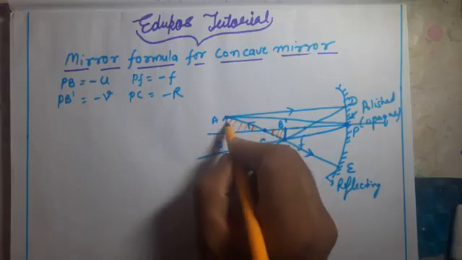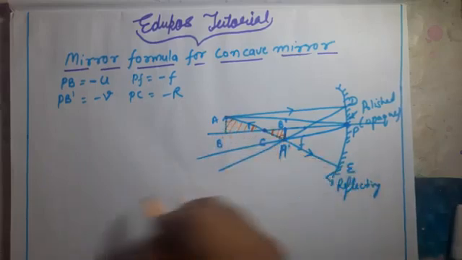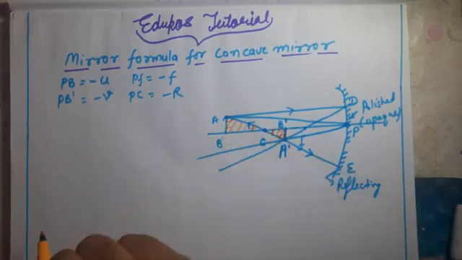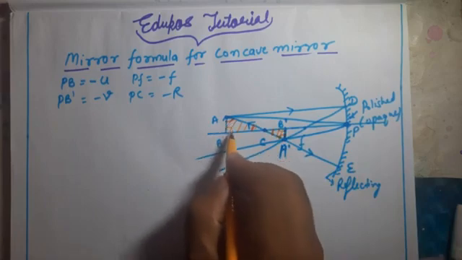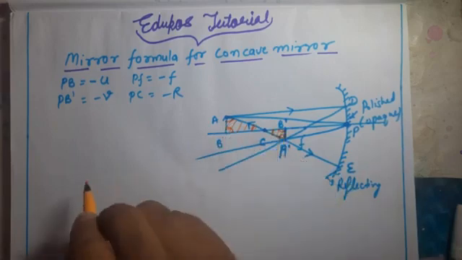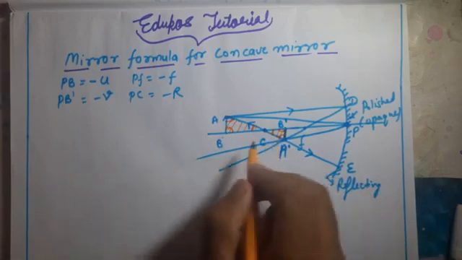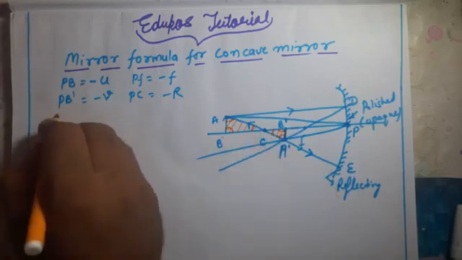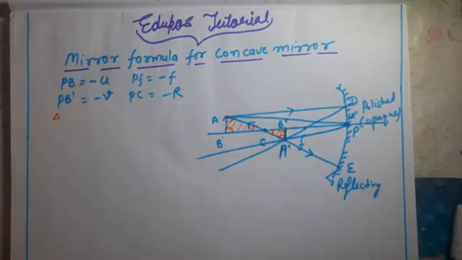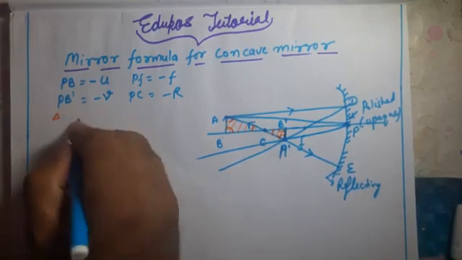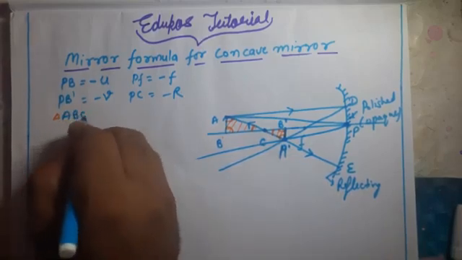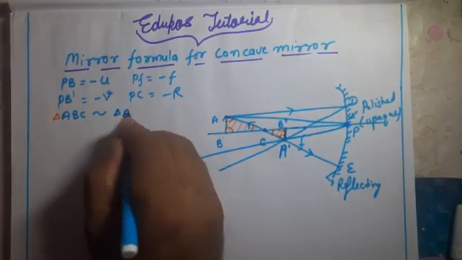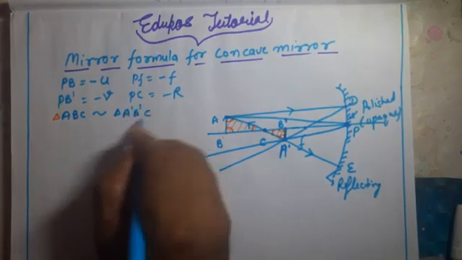So in this way, these angles will be alternate angles. So we can say that if the corresponding angles of two triangles are equal, then the triangles are said to be similar. So in this way, triangle ABC will be similar to triangle A dash B dash C.